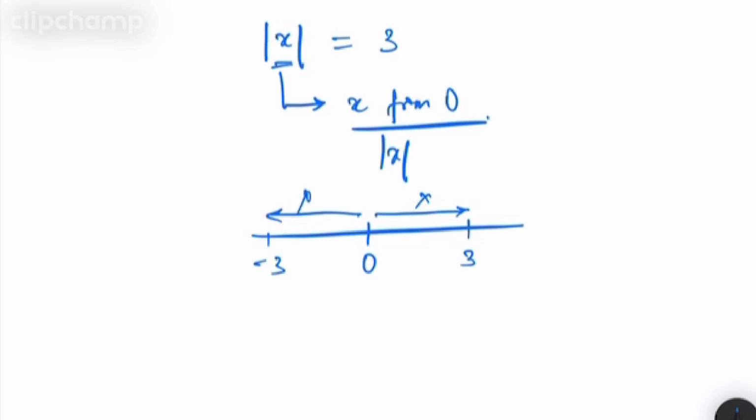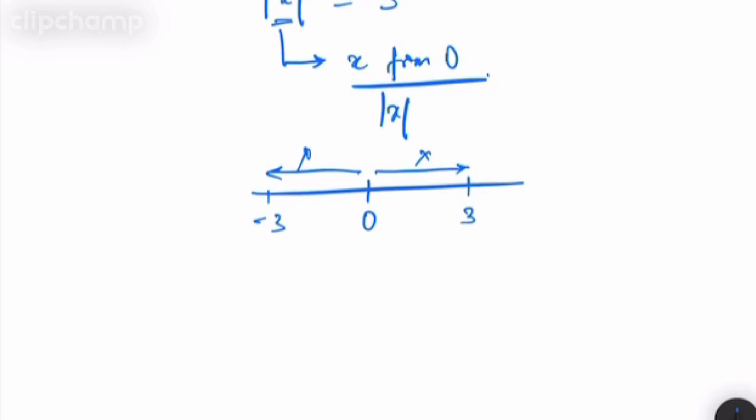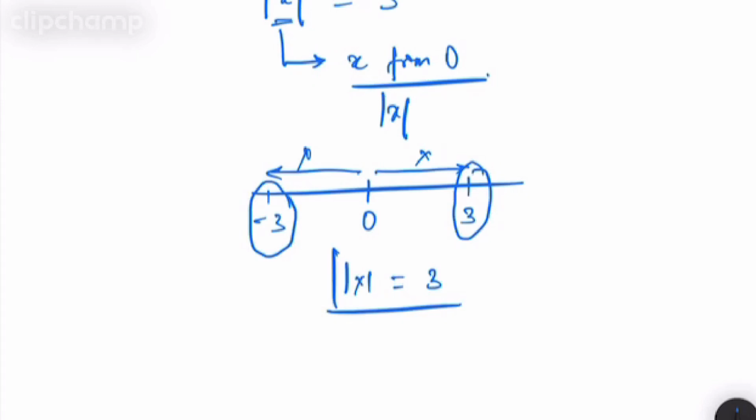So mod of x in both the cases, whether the value of x is minus 3 or plus 3, mod of x will always be 3, because mod of x is always taken as an absolute value.